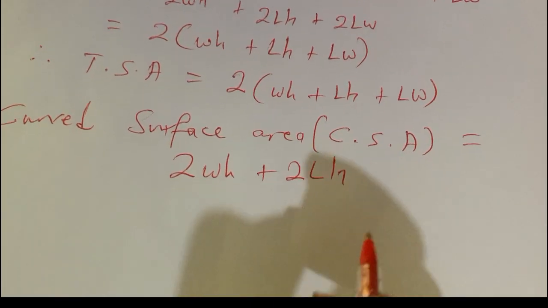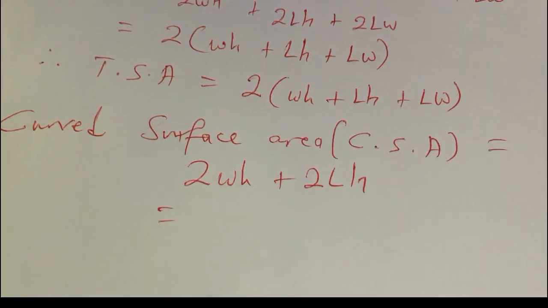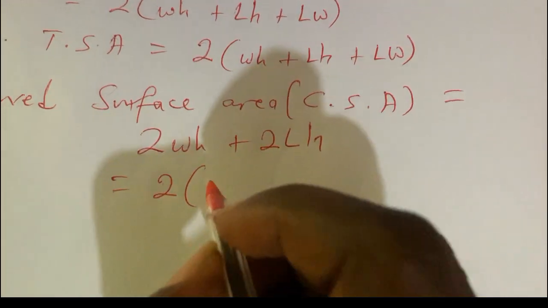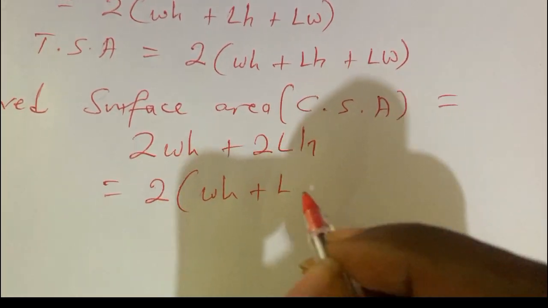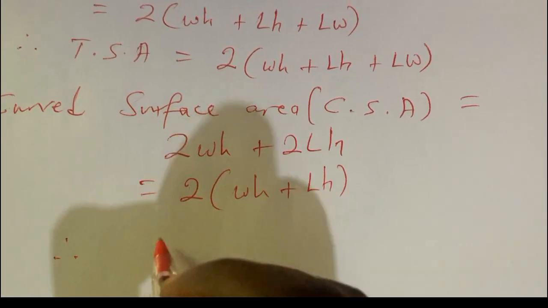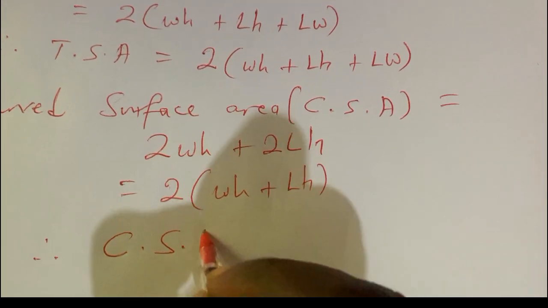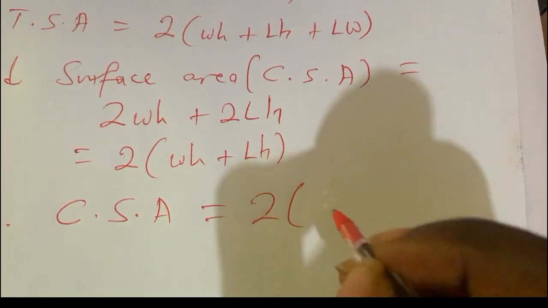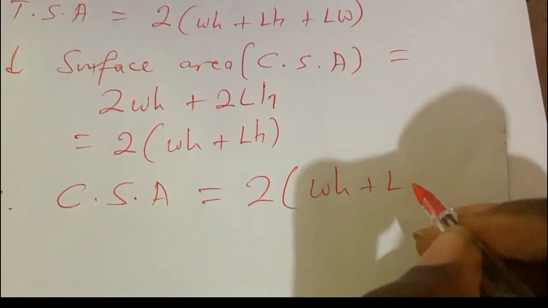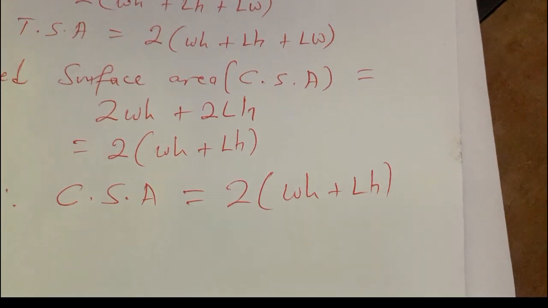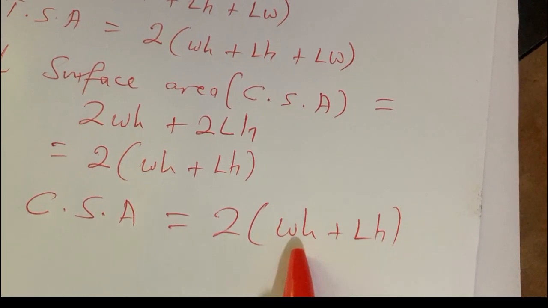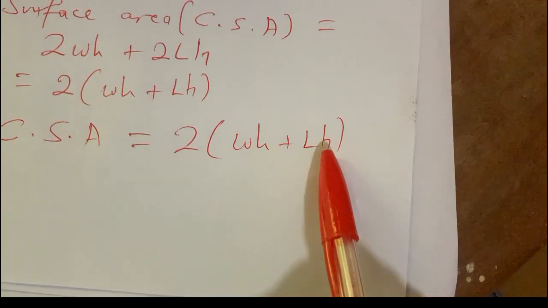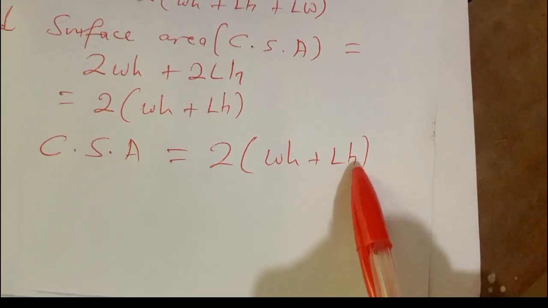Given 2WH plus 2LH, we can also do some factorization. 2 is common in both, so we have 2 bracket open WH plus LH. Therefore, my curved surface area of a rectangular prism is 2 into bracket WH plus LH, where W stands for the width, H stands for the height, and L stands for the length.